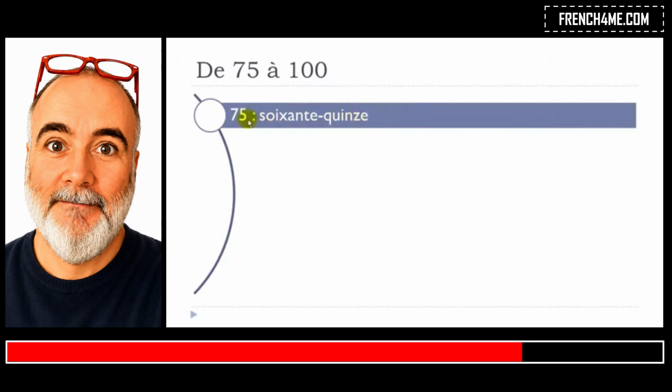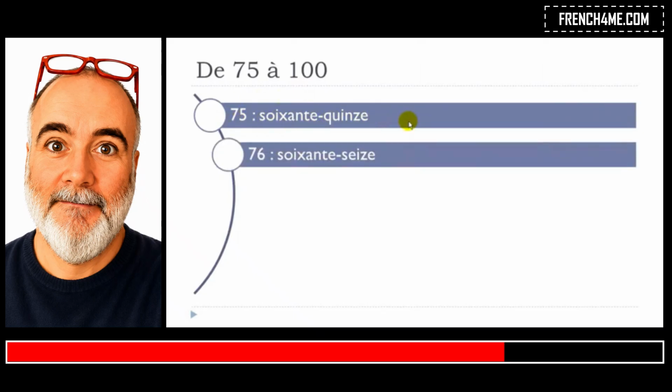So in that case, it's 75: 60, and then 15. Next one, 76: 60 and 16, 76, all right?